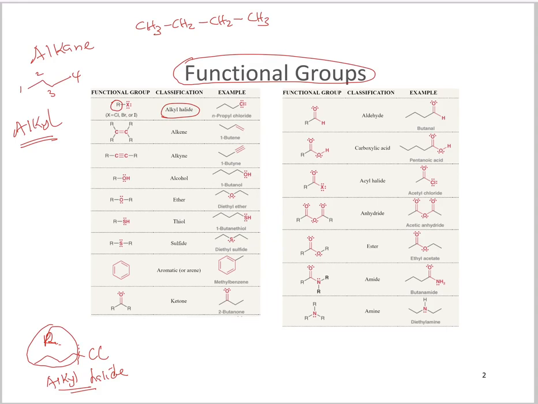We're going to have alkenes where we might have a double bond. We're going to have alkynes, the ones involving triple bonds.